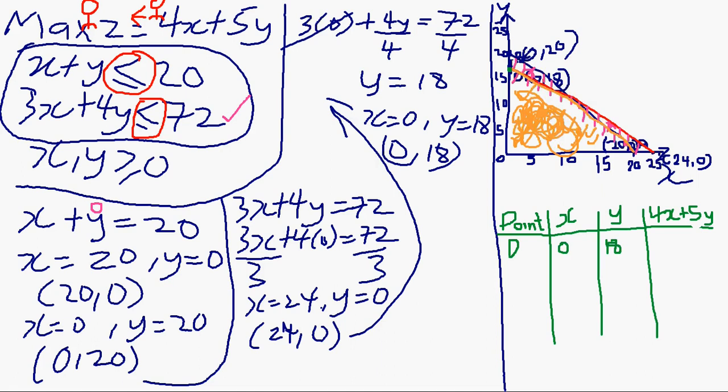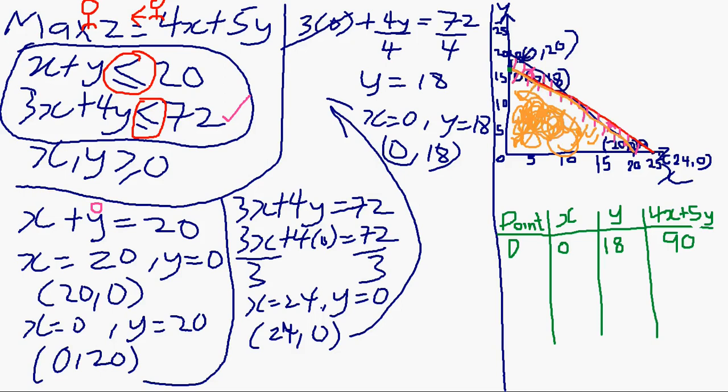We put the same values in our calculator: 4 times 0 plus 5 times 18. Basically it means 5 times 18, which gives us 90. For the next ones, I'll be expecting you guys to give me the figures. I won't calculate. So please be ready.